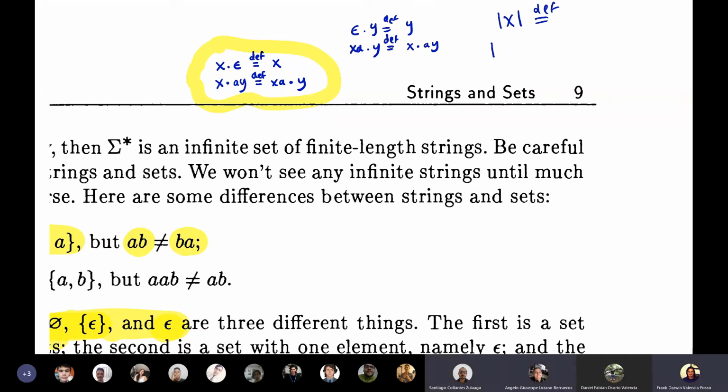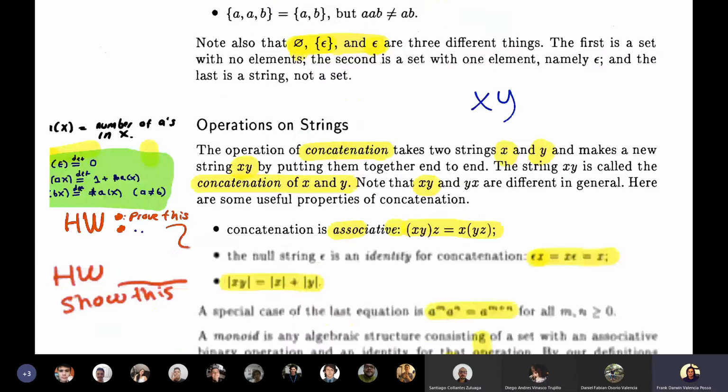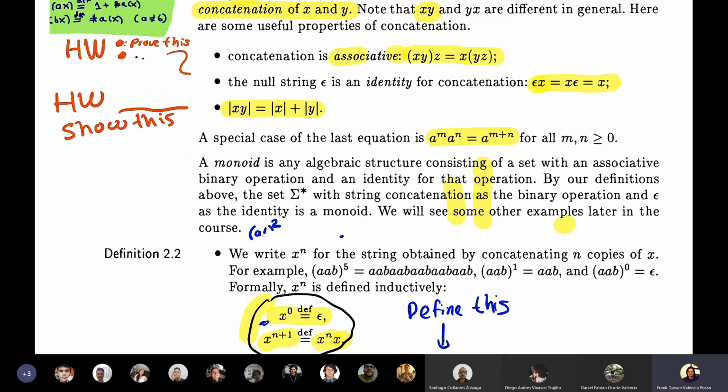The length, or the size of epsilon? What's the size of epsilon, do you think? 0. And then what will be the size of A followed by Y? 1 plus size of Y. Perfect. Now I think you understand this concept very well.